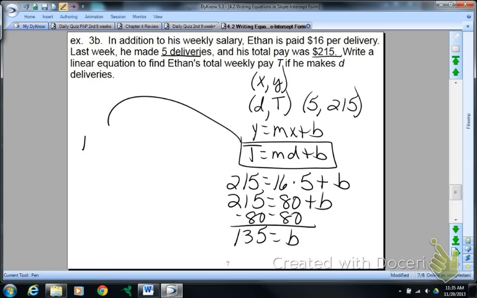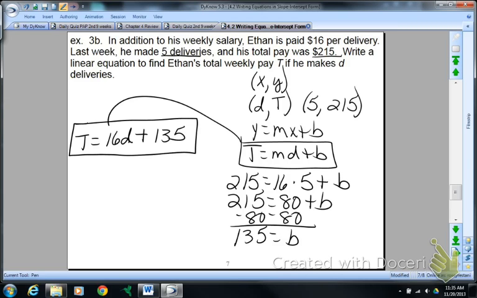That's T is equal to M is 16 per delivery plus $135. This is your last problem. So what does that mean? Okay, so 16, D stands for the deliveries, and his 135 is his weekly salary.